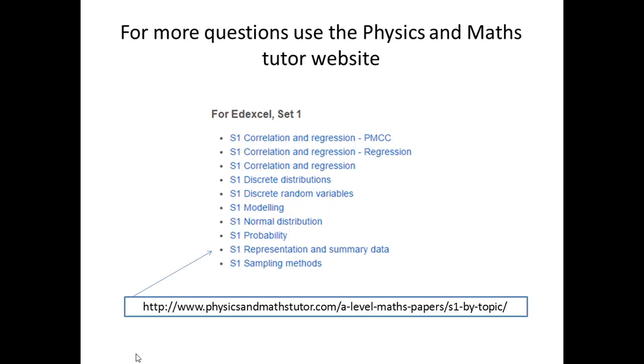And then if you need any more practice of this, and I would strongly recommend that if you've needed to watch the video you practice this further, then I would recommend the Physics and Maths Tutor website. So you can follow that link there, or just go onto the website and find it. It's got some fantastic revision resources for all sorts of topics, for core and for stats.